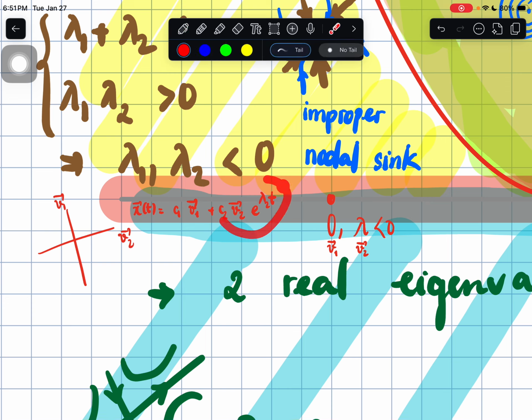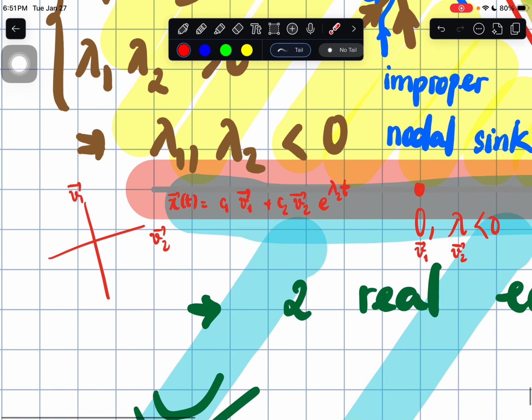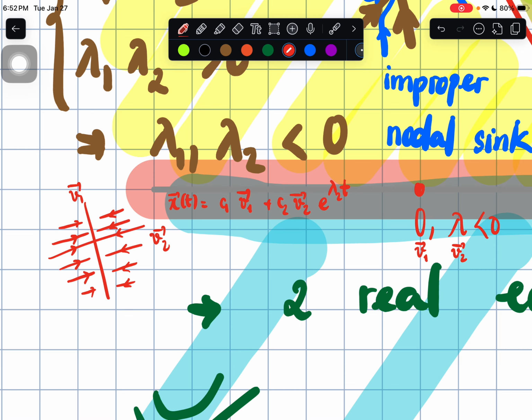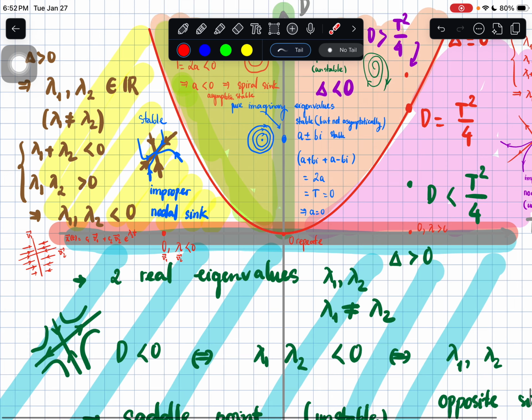Remember that when t tends to infinity, the solution tends to this line. So along this line it looks like this, and another solution could look like this, parallel to v2, and extend to points lying on v1. On the other side you do the same.